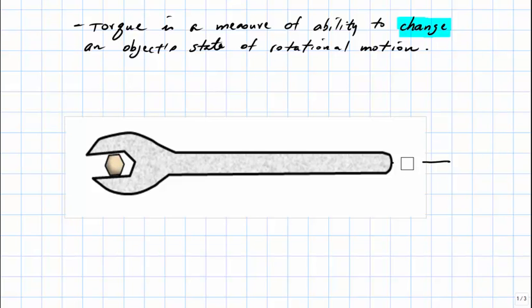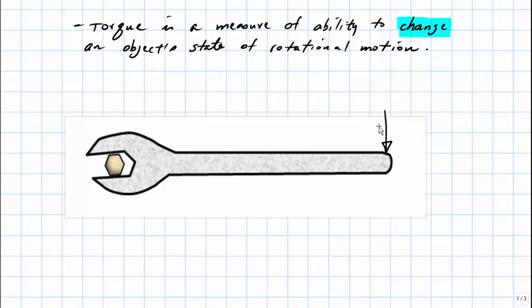On the other hand, if we applied a perpendicular force, this force would enable us to loosen this nut. And by the way, let's assume that we need to create a clockwise rotation on this nut in order to loosen it. This would only occur if the nut had a reverse thread. However, this assumption will simplify our analysis.